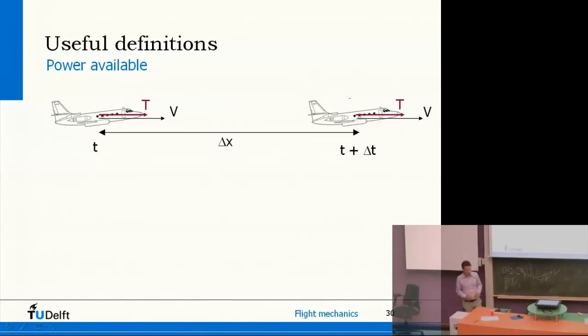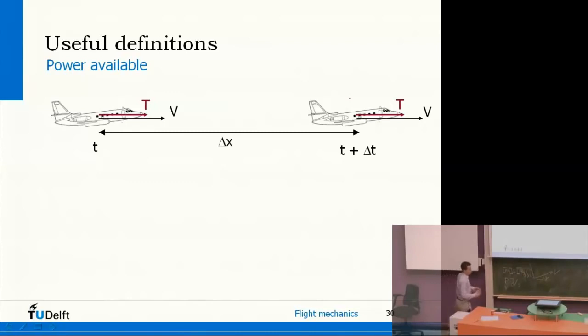What you typically want to do with an aircraft is you want to fly from A to B, right? At time t, you might be on the left there, and at time t plus delta t, you might be a little bit further. Of course, you have a thrust force in order to get there, and you travel over a distance delta x.